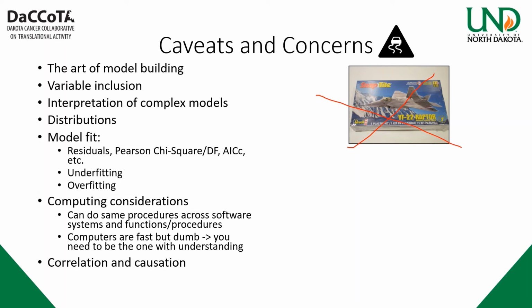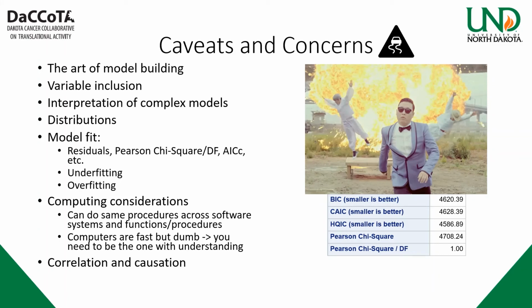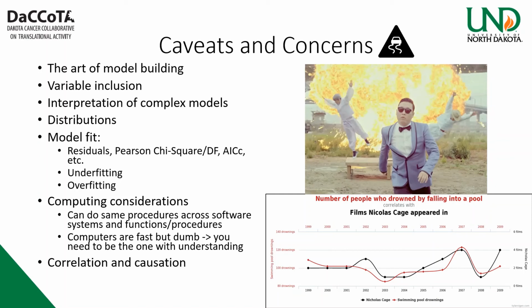And finally here, this would not be a regression talk if we did not have something about correlation and causation. That's like having a big explosion and having nobody walk away from it without looking back. So, correlation, of course, does not imply causation. For example, there are a lot of these funny graphs where they correlate random, unrelated events, like the number of people drowned and Nicolas Cage.